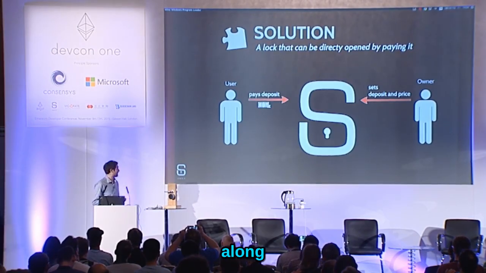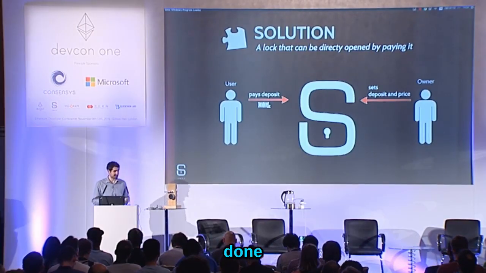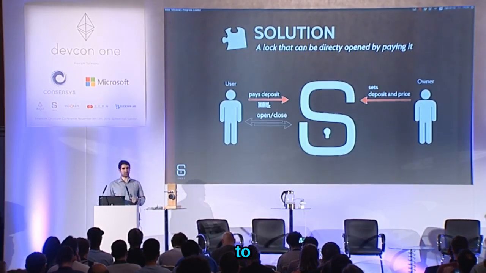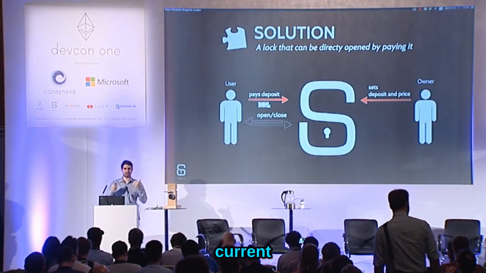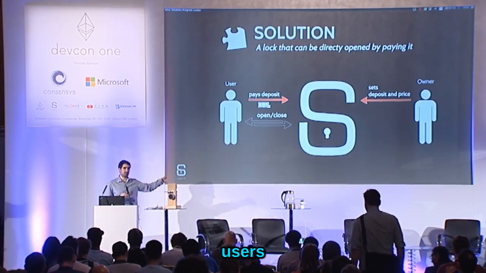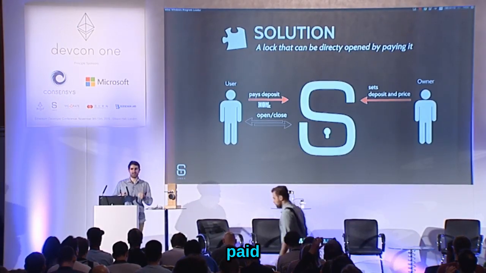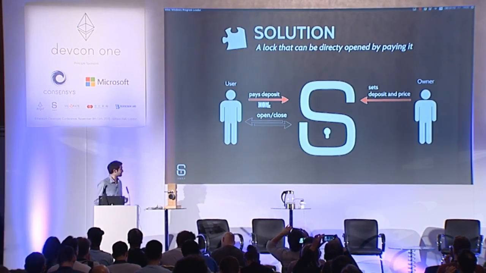Now when a user comes along, he just needs to pay the deposit. After he's done this, he has access to open and close or switch it on and off as often as he wants to. He is the current user. And he can also set some other sub-users, like family and friends, because he paid for it, so they can also use it. So you have a user management system included.